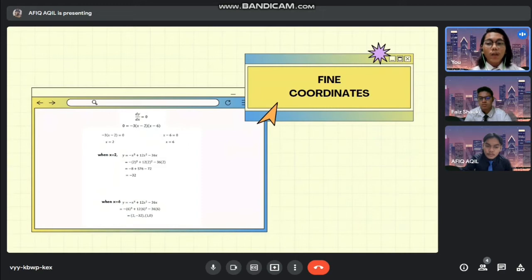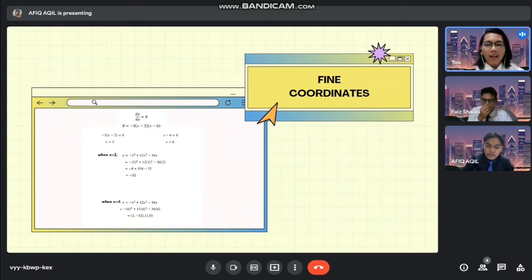When x equals 2, y equals negative x power of 3 plus 12x power of 2 minus 36x. So we put in x equals 2, and we get negative 2 power of 3 plus 12 multiplied by 2 power of 2 minus 36 multiplied by 2.